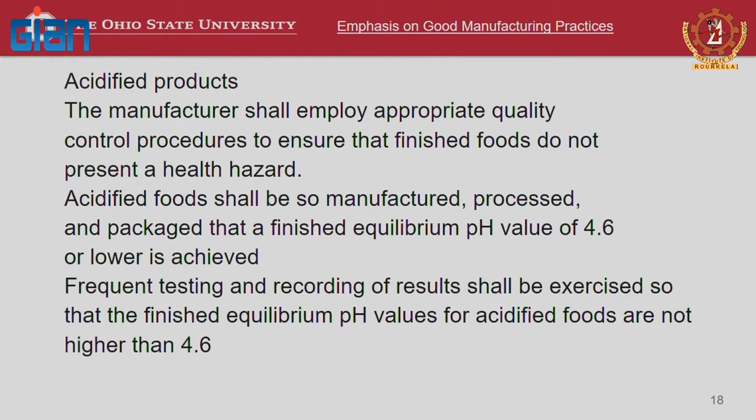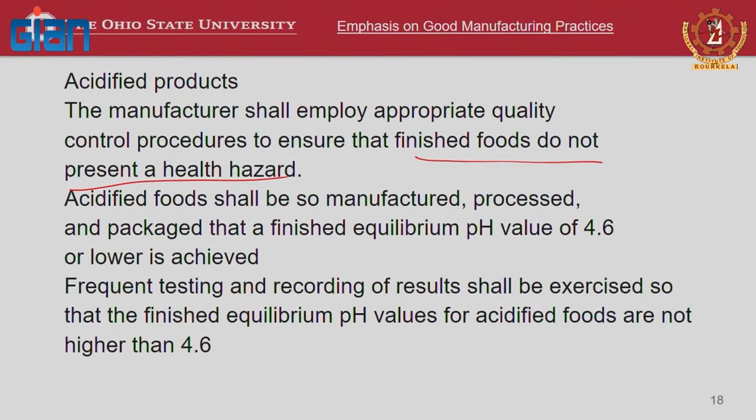So, for example, when you have an acidified product, remember an acidified product is where you take a low acid product and then you add acid, maybe for example some lemon juice or other things, so that you reduce the pH. Under these conditions, the manufacturer should employ appropriate quality control procedures, so that the finished food does not present any hazard. So, that means it is still acidified, and no part of it is low acid.